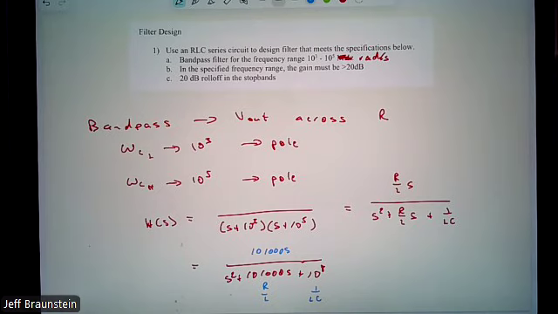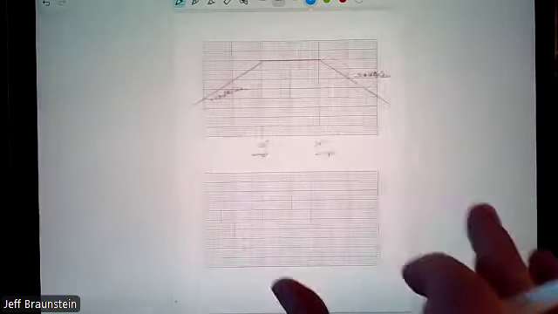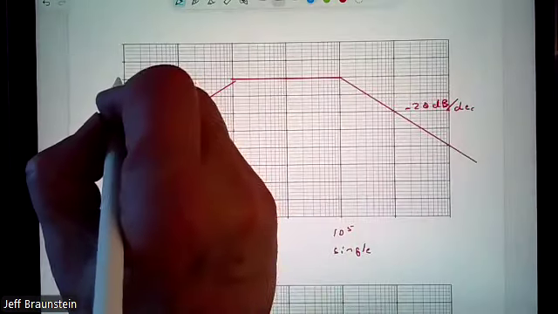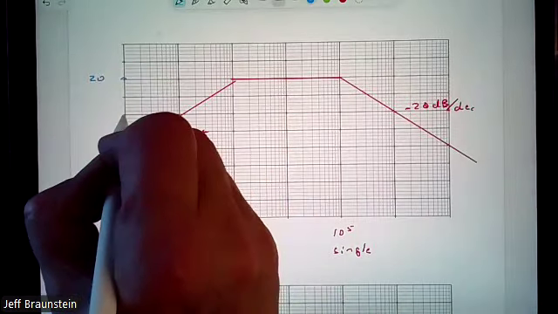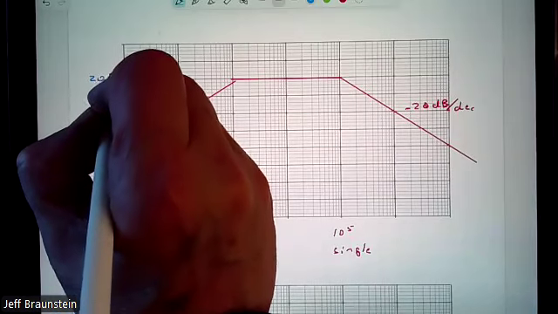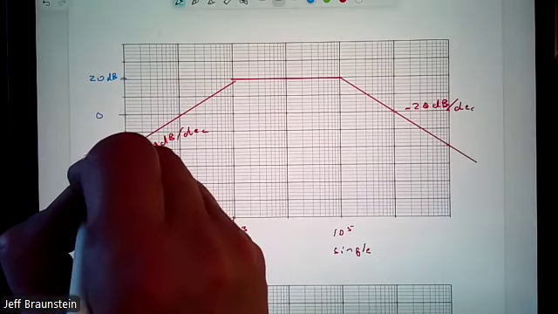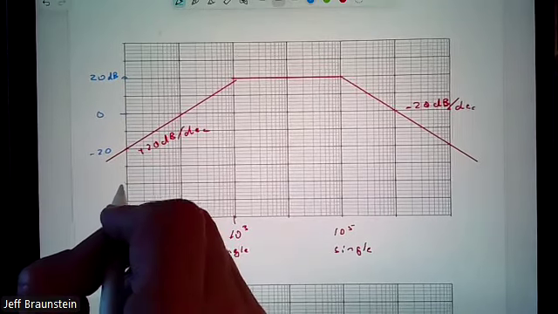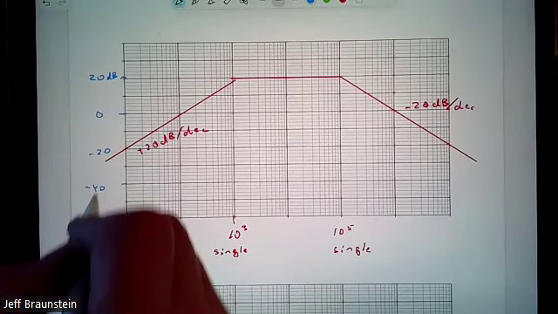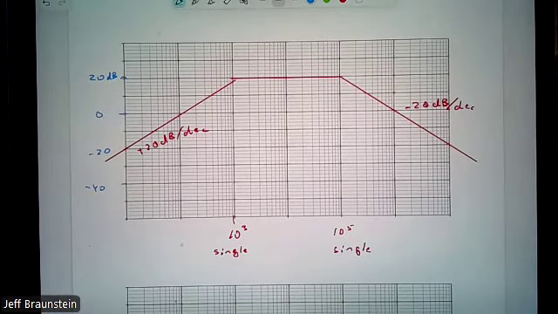So I could go back to my plot and say this, if I zoom in here, is 20, and then 0, that's units dB, minus 20, etc., minus 40. So there's our plot. Ultimately, though, we do have to translate gain to a circuit.